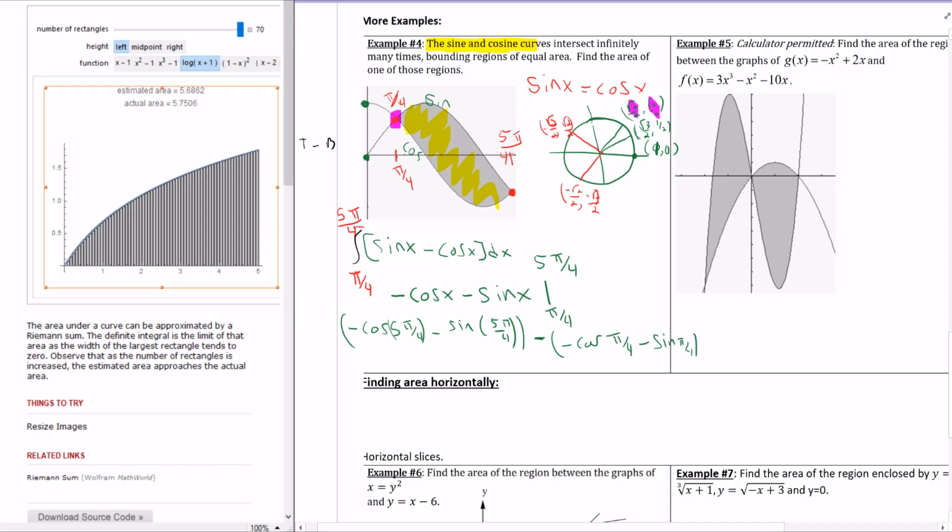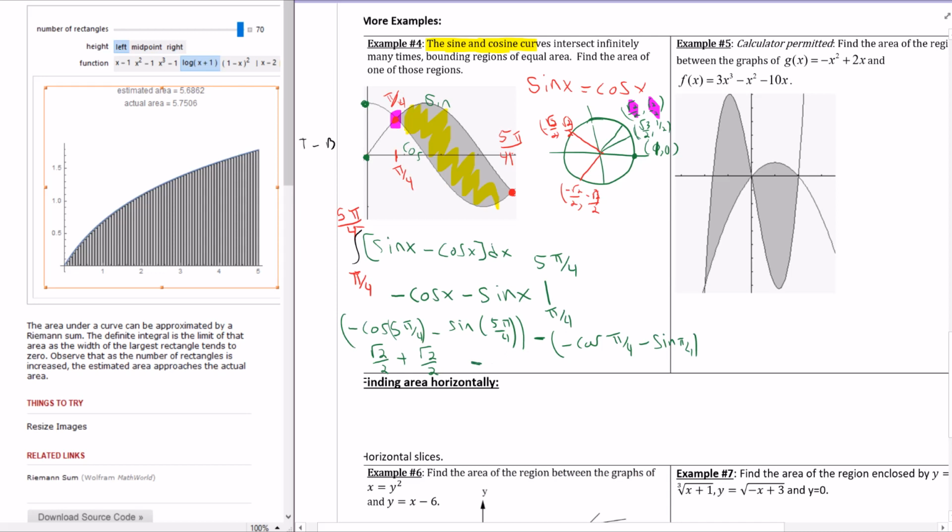So cosine, we already talked about what these are, right? Negative cosine of 5 pi over 4 is negative of negative root 2 over 2. So double negative here is going to give us root 2 over 2 minus, this one's also going to give us negative root 2 over 2, so it's going to turn this into positive root 2 over 2.